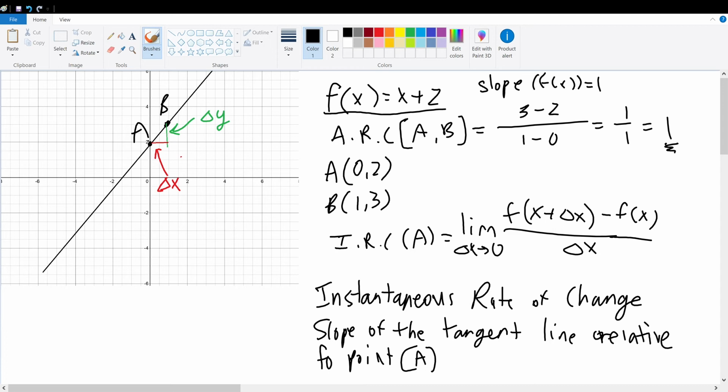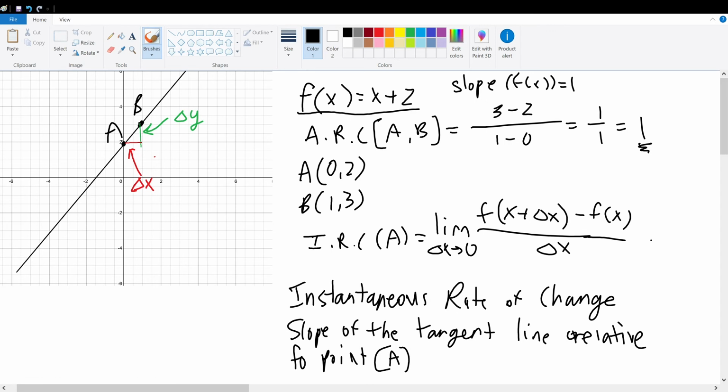And you might be wondering, how did I derive this? Well, how I derived this is by using our definition of how to find the slope of a line. The numerator right here, f of x plus delta x, will simply be point B's y value. Because remember, the little red segment right here represents the change in x from A to B. So f of x plus delta x will give us point B's y coordinate.